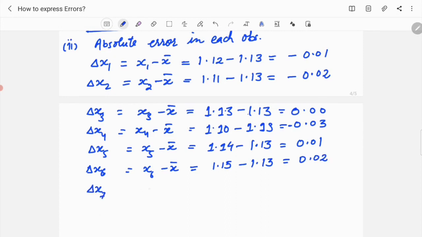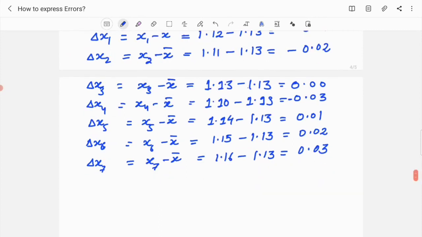Delta x7 is x7 minus x bar, 1.16 minus 1.13, 0.03. These all are the absolute errors in all observations.